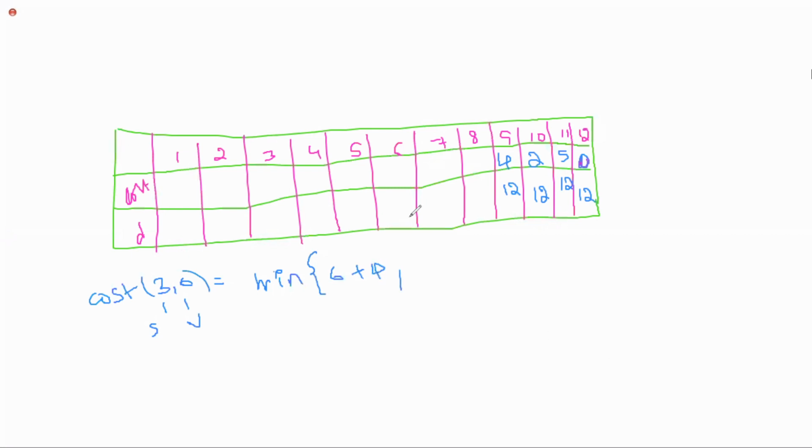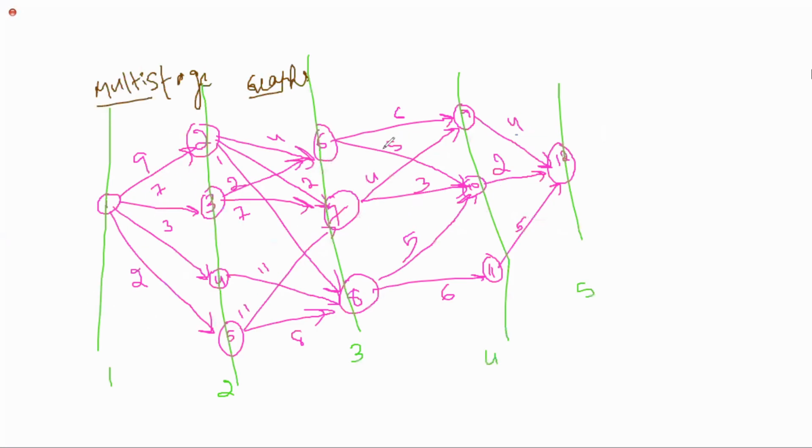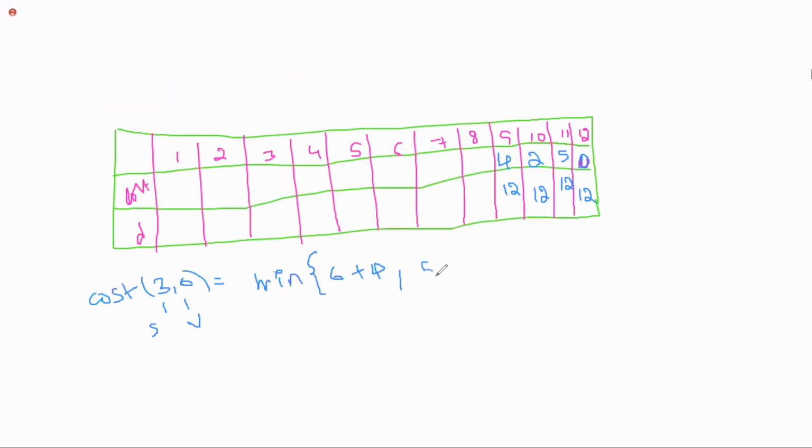Next, from 6 we have one more edge. What is the corresponding cost here? It is 5, and we know the 10th vertex cost, which we have noted in the table. What is the 10th vertex cost? 2. So minimum of 6 plus 4, which is 10, comma 7. Which one is minimum? 7 is the minimum.